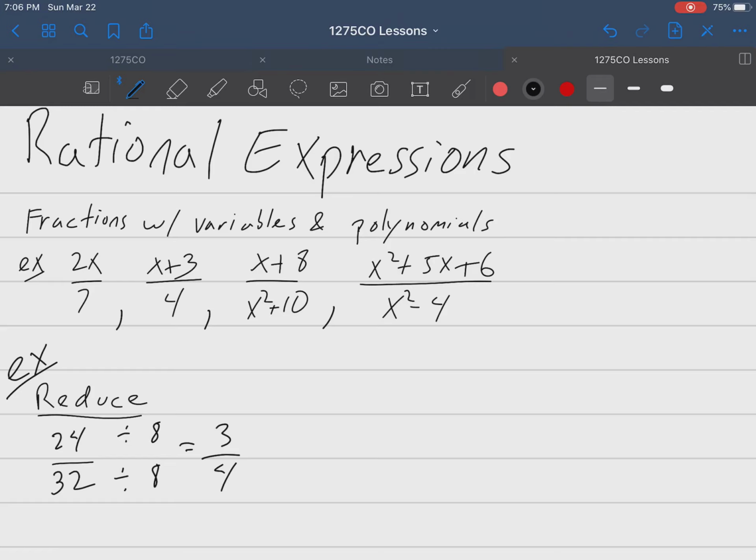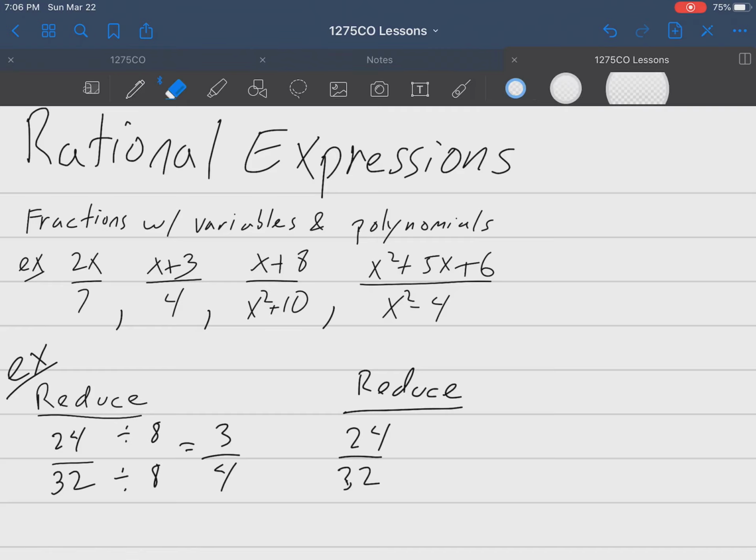Now, when we reduce a rational expression, we have to think about reducing in a different manner. So let's look at the same fraction, 24 over 32. Now, instead of reducing it by dividing, let's reduce it by factoring first and then canceling.